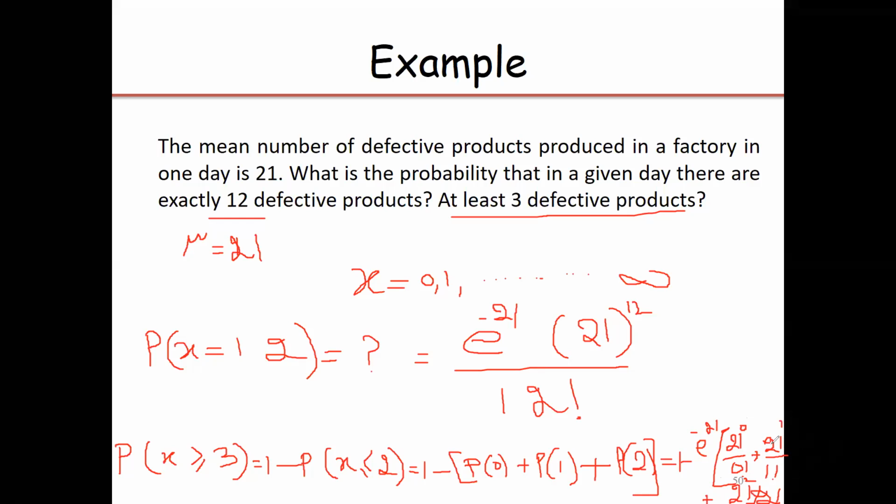You have to add the last three terms and then multiply the sum by e raised to the power minus 21, then subtract this total from 1. You will get the correct answer for x at least 3 defective products.